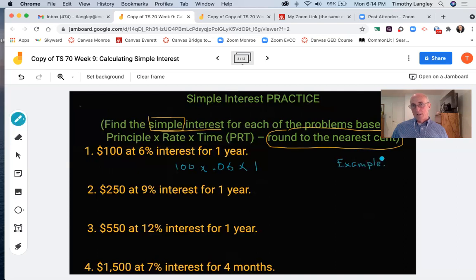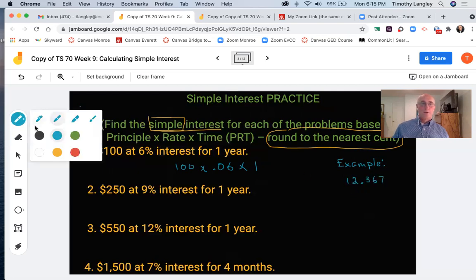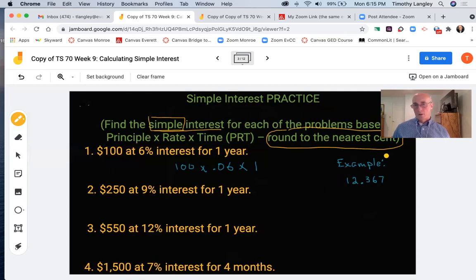Let's say the answer was 12.367. If that was the answer I got on my calculator, and it says to round to the nearest cent, can you see which digit is in the last cent place?